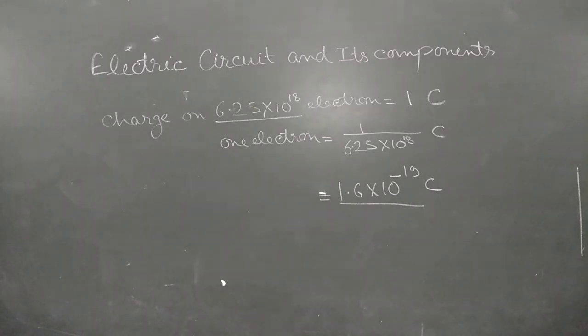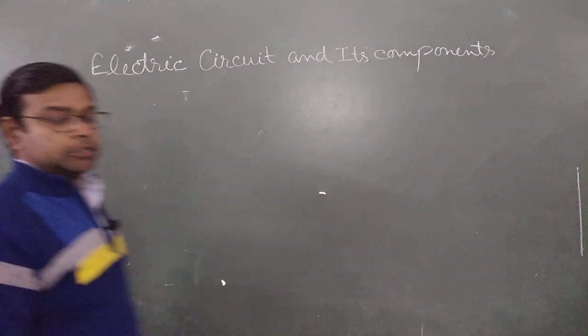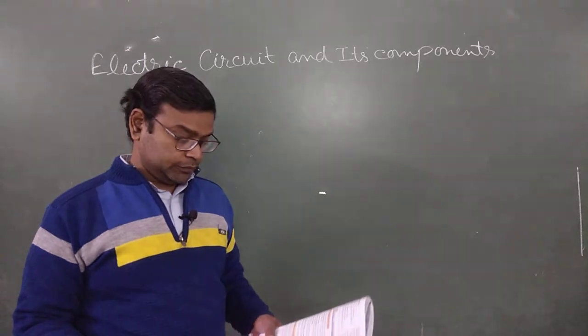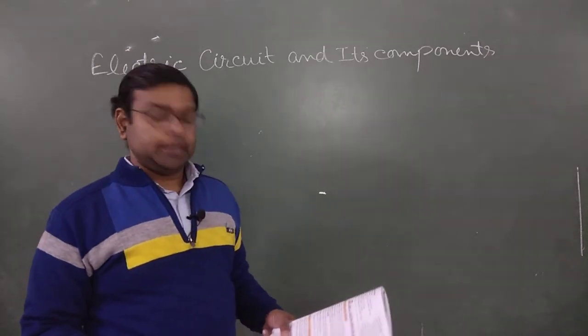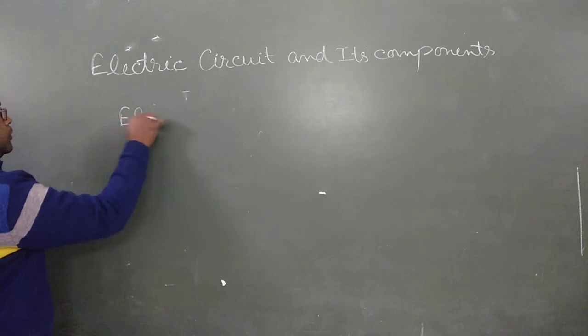So move to the next topic. Now our next topic is about current or ampere. The rate of flow of charge in an electric circuit is called electric current. So I think it's easier for you. What is electric current?